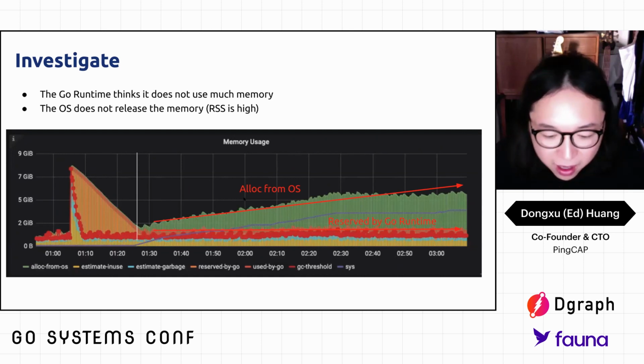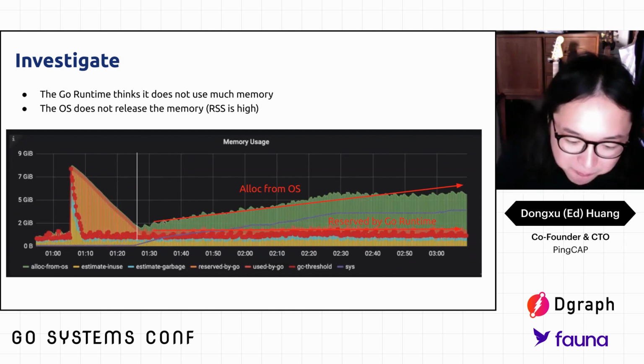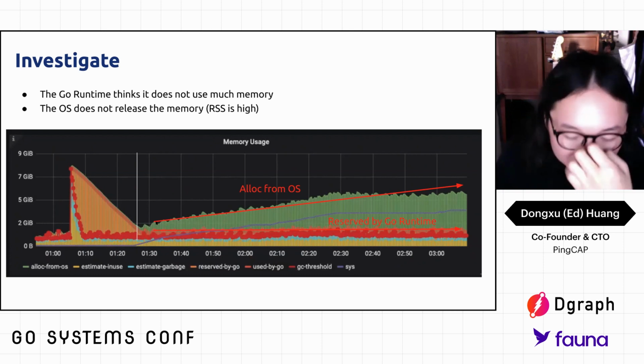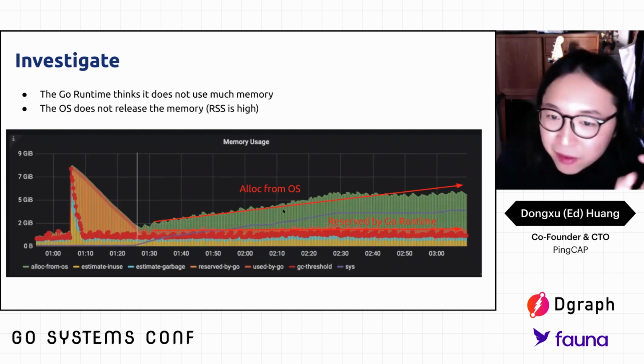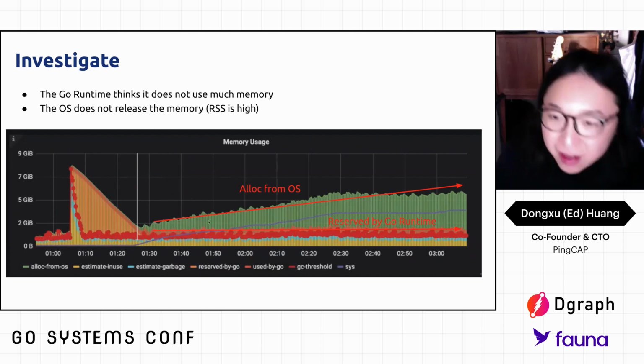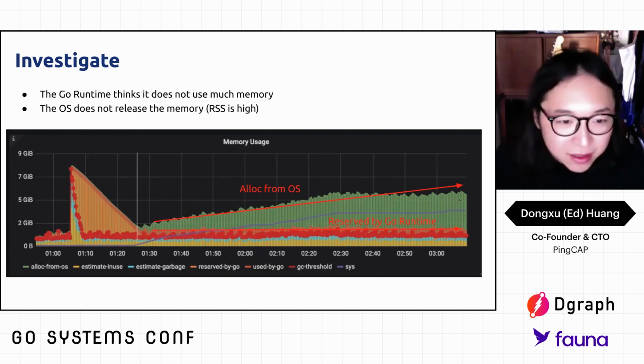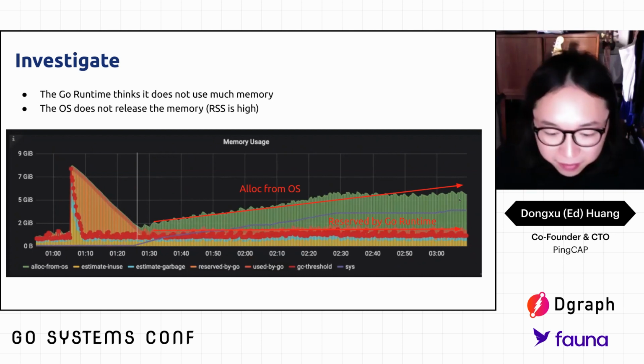However, at the operating system level, a lot of memory is allocated from the operating system, and it does not decrease. So that's the problem, right?